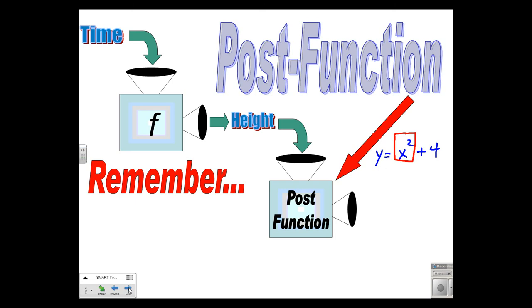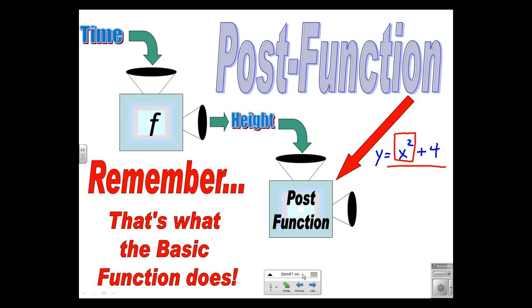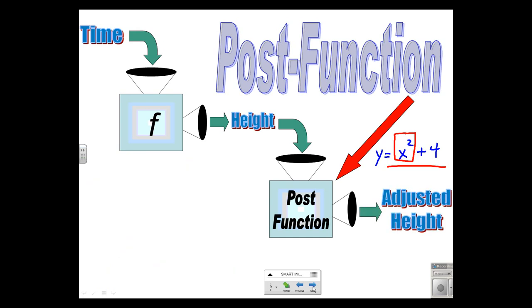That's what the basic function does. It turns time into height. So what's going into the post function? Height. In this case, we're taking height and adding 4 to it. I'm not changing height into something that it wasn't. I'm just adding 4 to height. So what comes out of this is an adjusted height. A post function is an adjusted height.